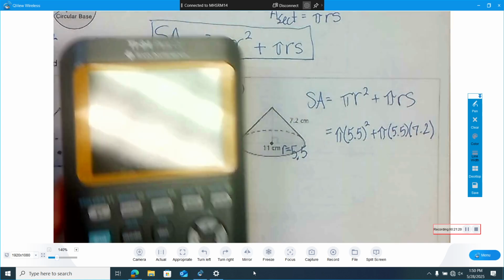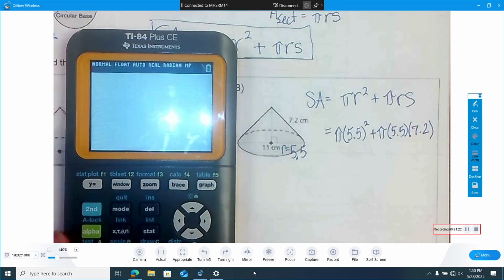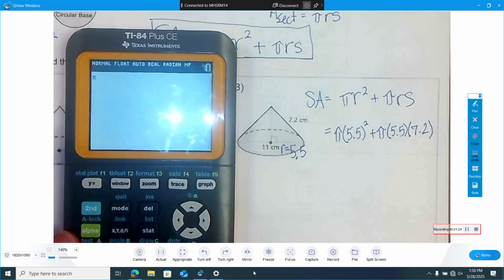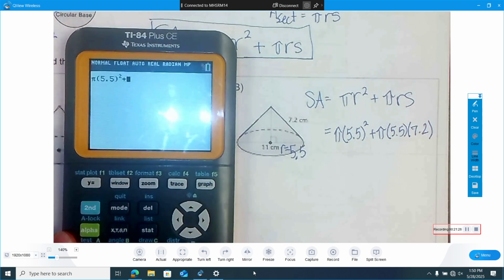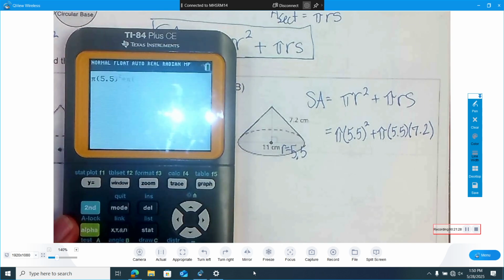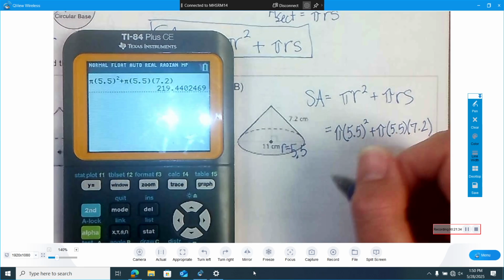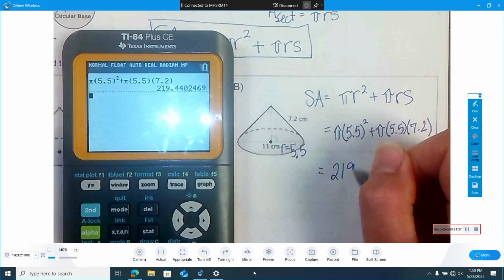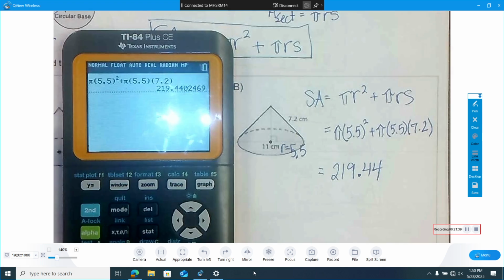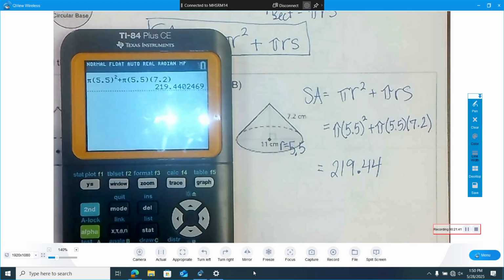And because this gave us decimals, I am just going to go ahead and use my calculator and plug everything in. Pi times 5.5 times 7.2. And again, with the calculator, pretty easy, 219.44.